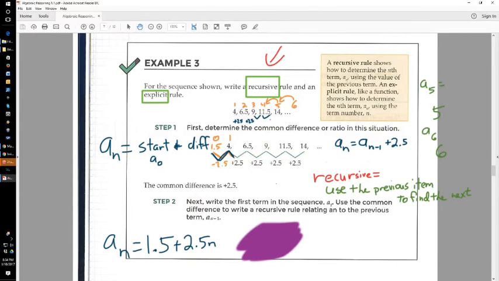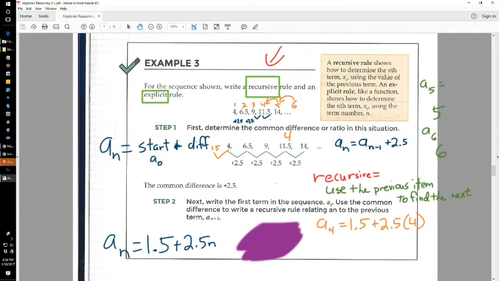So here's another way of looking at this. If my starting point is 1.5, let's say I want number 4. To find a sub 4, I simply start with my starting point 1.5, and I add 2.5 four times.